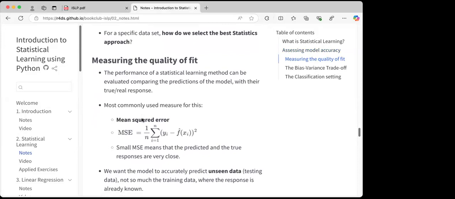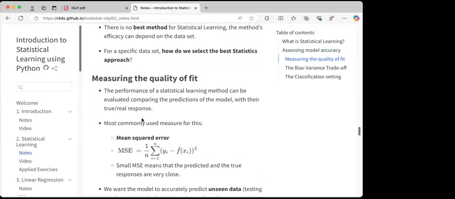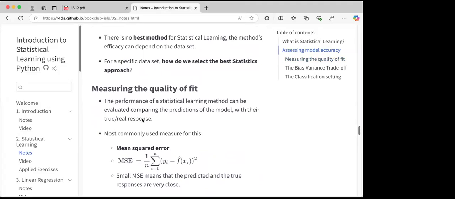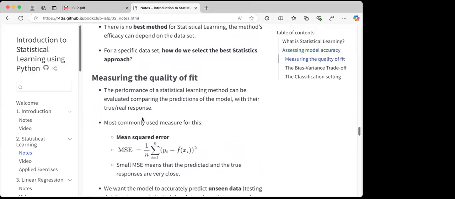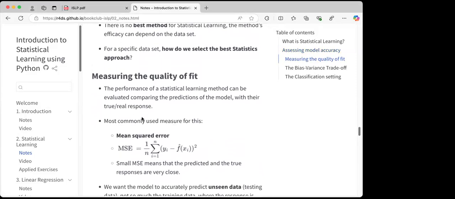One of the best ways to measure the accuracy, or to know which statistical learning model to use given our data, is to look at how well the model does in predicting. The performance of a statistical learning method can be evaluated by comparing the predictions of the model with the true responses.